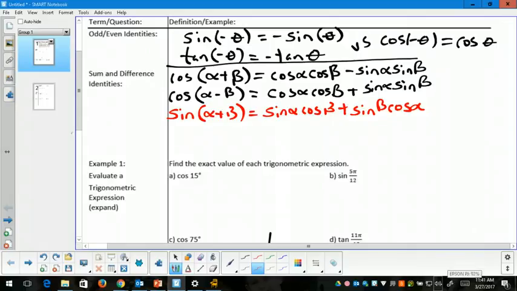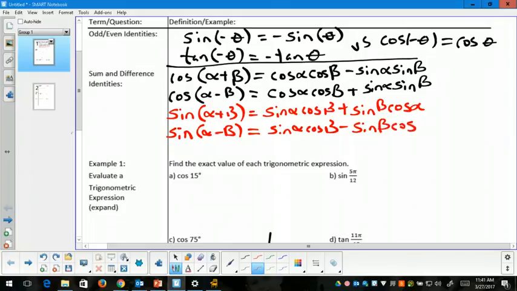I think your book does it cosine alpha sine beta, but that's fine, it's the same thing. And then for the difference, sine of alpha minus beta equals sine alpha cosine beta minus sine beta cosine alpha. That's for the sum of two angles in sine and the difference of two angles inside sine.